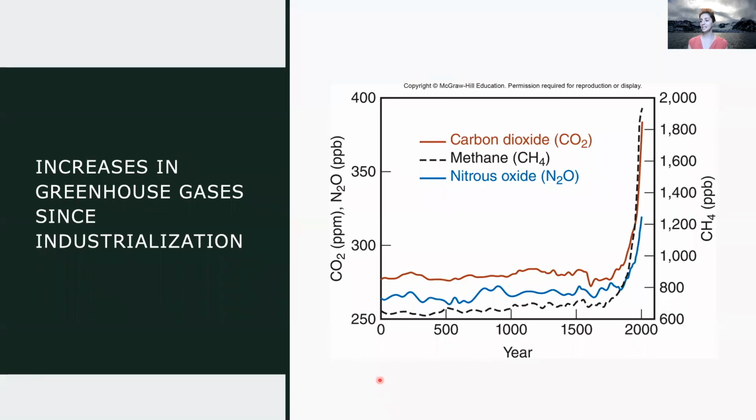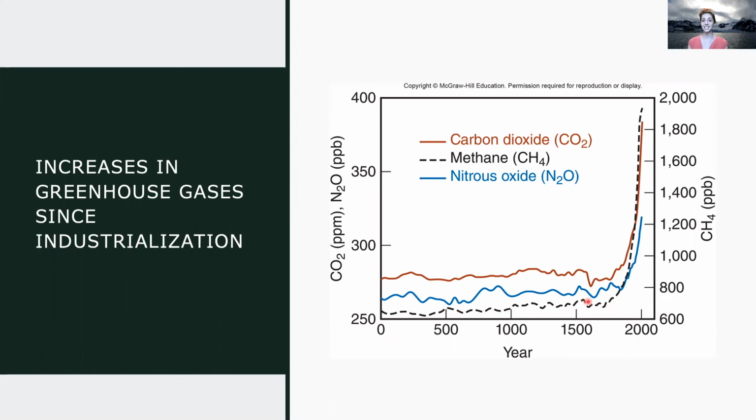And we can see this clearly when we take a look at the CO2 emissions, methane emissions, and nitrous oxide emissions going back through time, and especially since industrialization. So here we have carbon dioxide in red, we have methane in the dashed black, and nitrous oxide in blue. And so by and large, those levels remained steady for each respective gas up until you get to this tipping point right around the year 1880, where we reached industrialization.